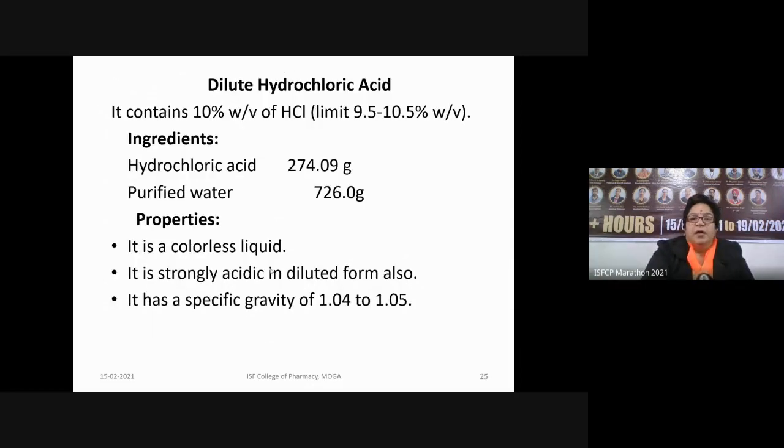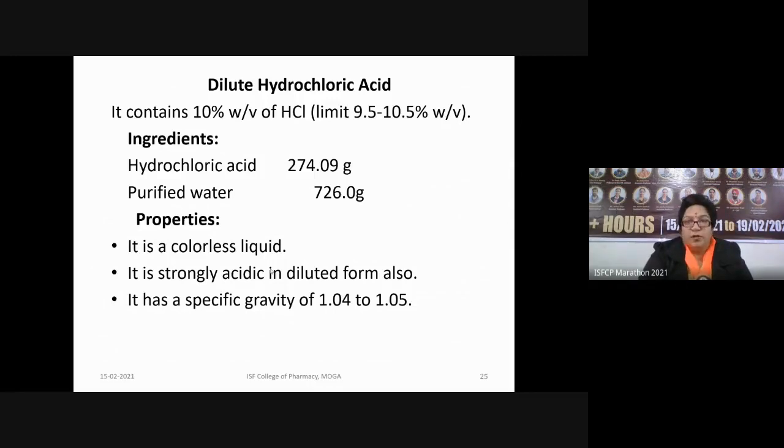Now coming to the dilute hydrochloric acid. It is another acidifier that is used. The other name for hydrochloric acid, it is also an important question that sometimes it is asked. The other name is muriatic acid or spirit of salt.